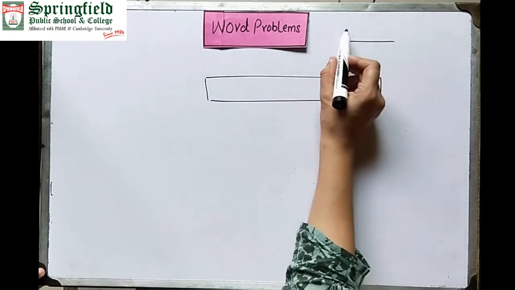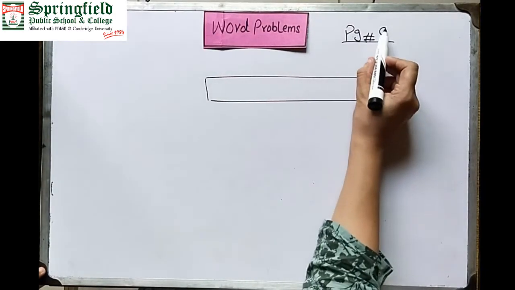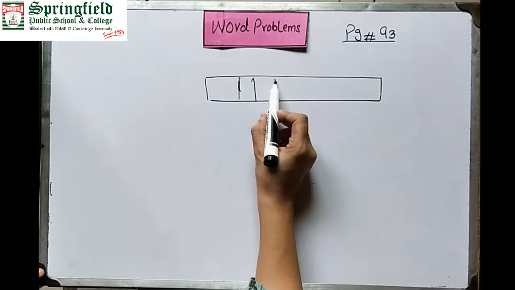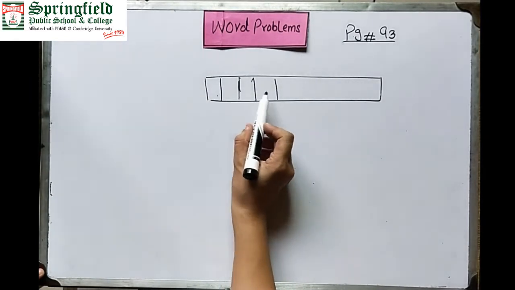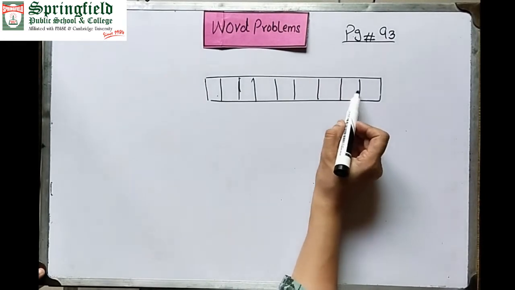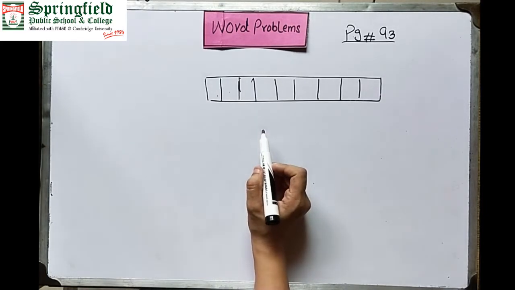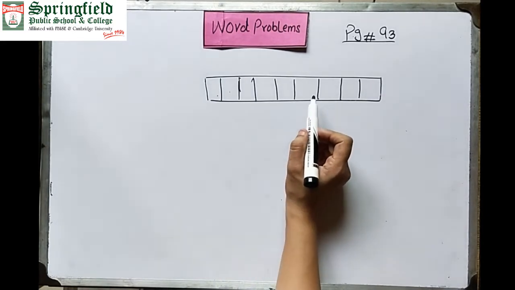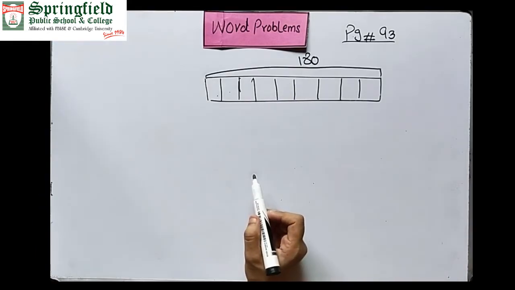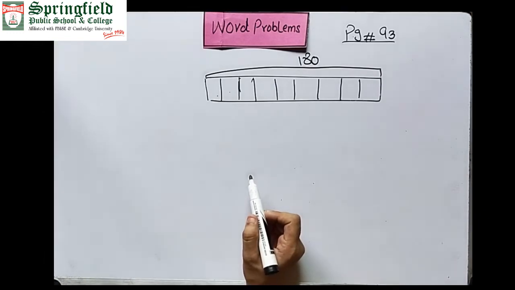So we are doing page number 93. There are total 9 units, and according to the statement he read 2 by 9 of the book on Friday.